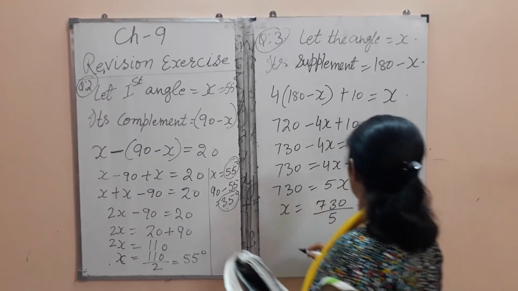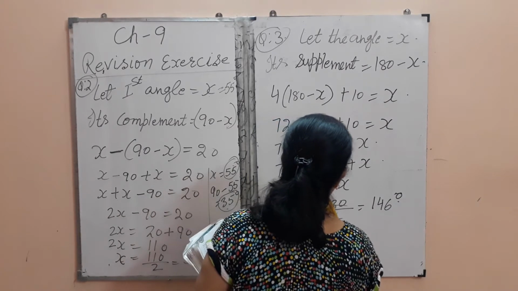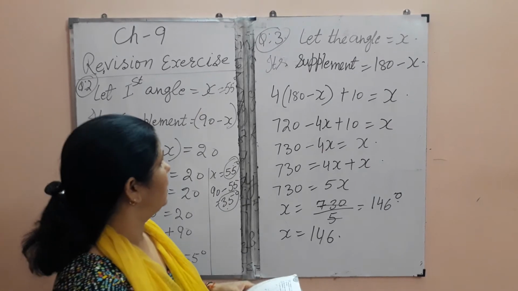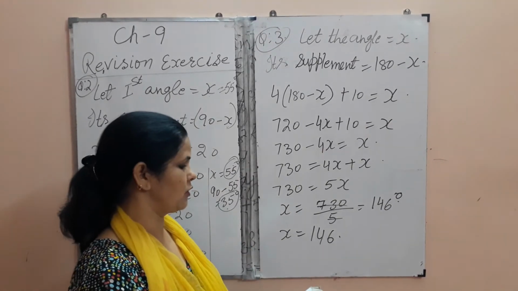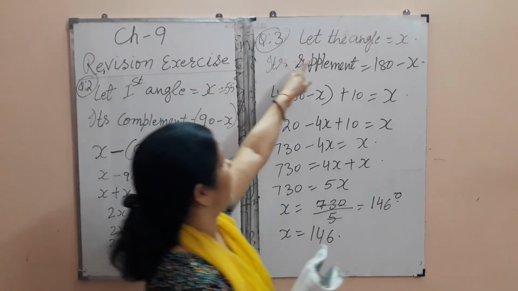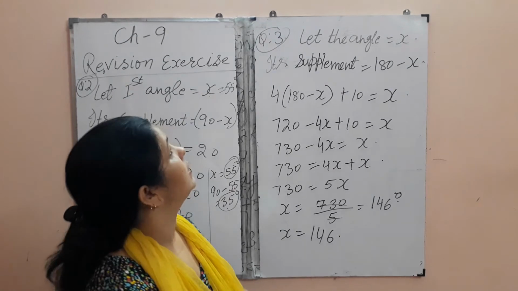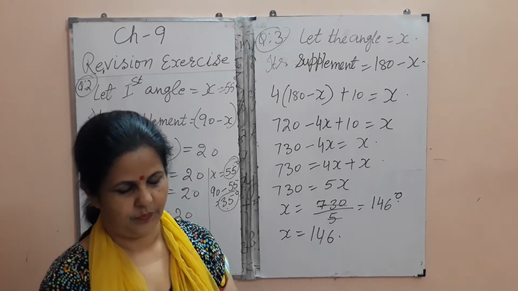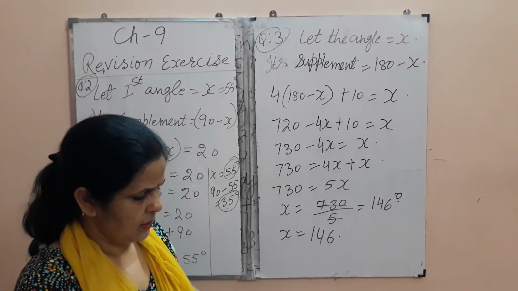So x is 146. 146 degree is the x. Now this is the answer because we have assumed the angle x. So angle x is 146 degree. Let's check the answer. Revision exercise, question number 3.